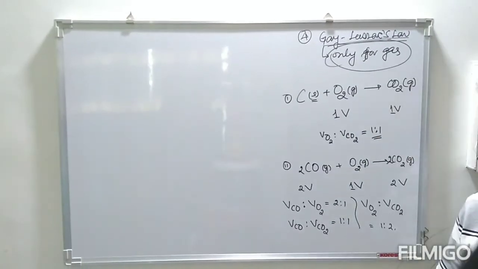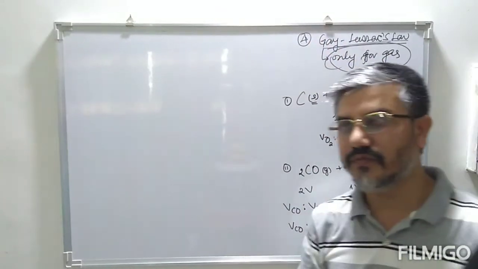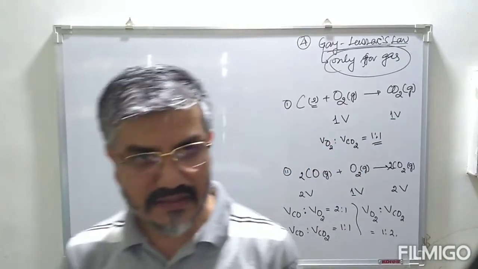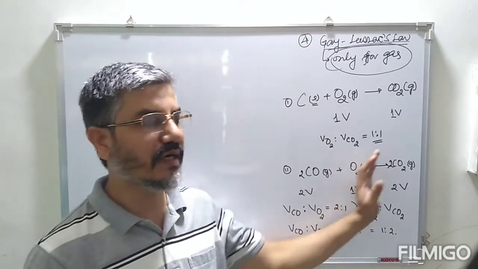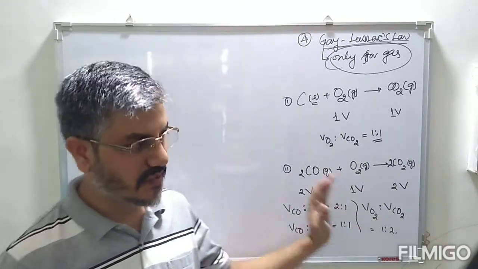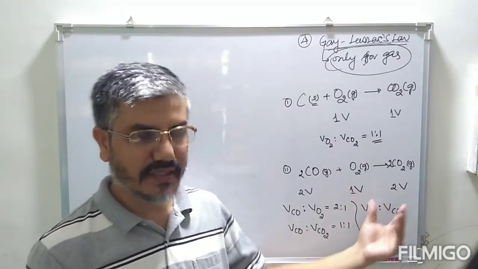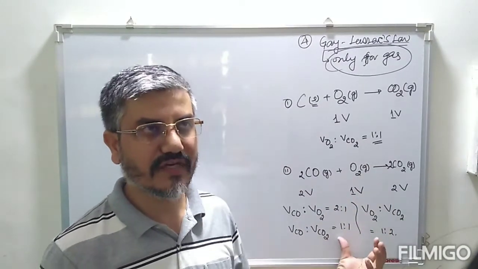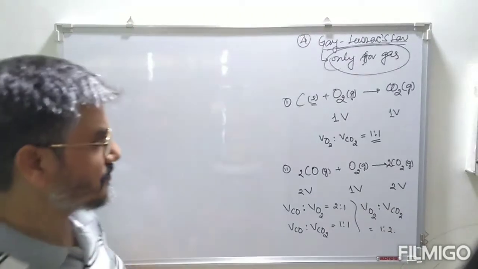I repeat this statement. According to Gay-Lussac's law of combining volume, whenever gases react, they always react in simple whole number ratio by volume. So these gases, whenever they combine in a chemical reaction, the volume ratio of gas components will always bear a simple whole number ratio.